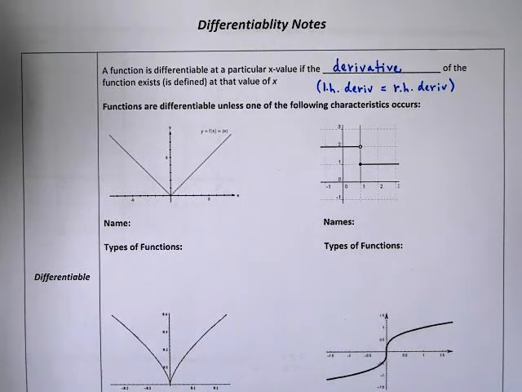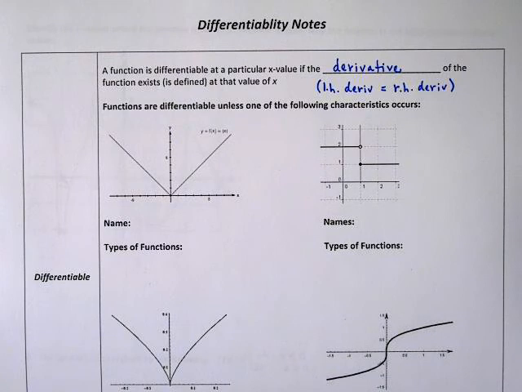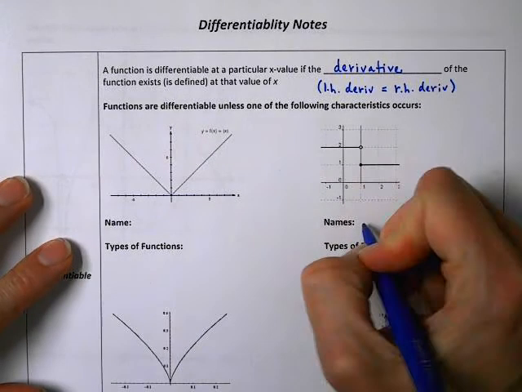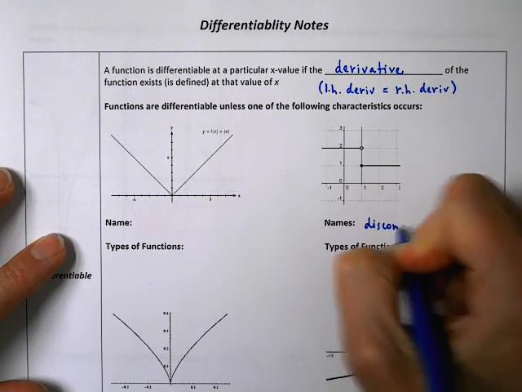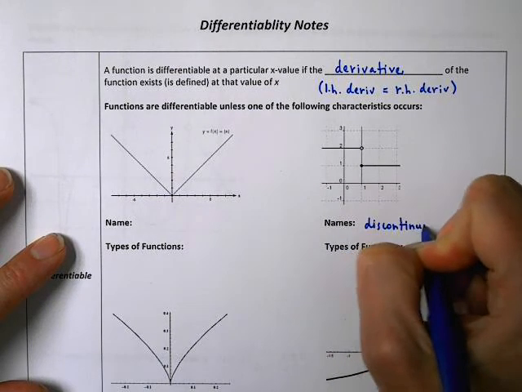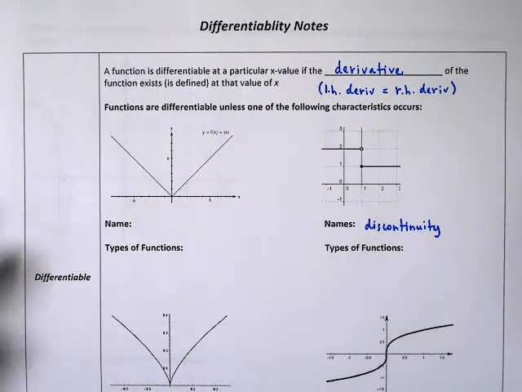So in general, functions are differentiable unless one of the following characteristics occurs. The first thing that's going to make a function not differentiable is if there's any type of discontinuity.